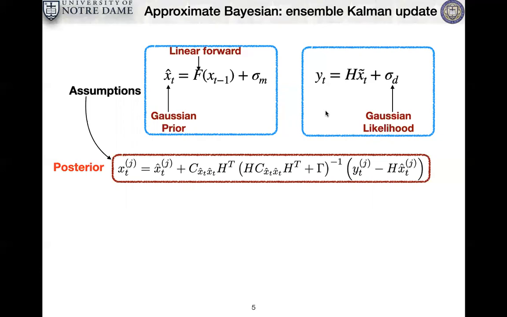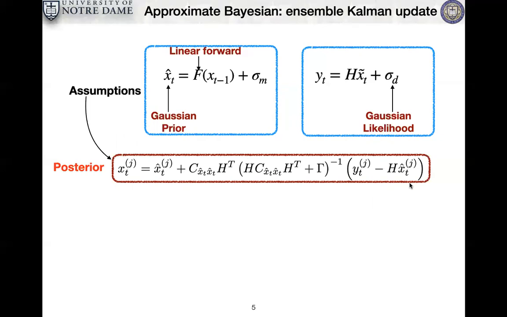Using these two assumptions, we can get the analytical solution of the posterior. Here is the formulation outlined in the red box. Using this formula, we can update the state X by a weighted innovation.